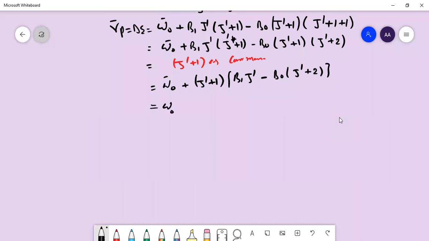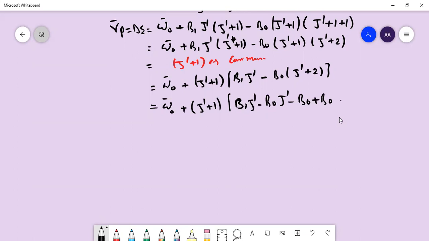I can write it as omega naught bar plus J dash plus 1, then B1 J dash minus B naught J dash, plus B naught into 2, that is 2B naught.